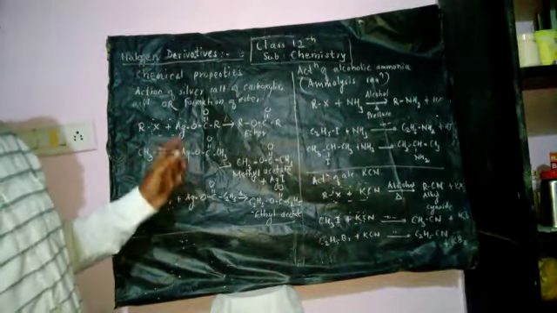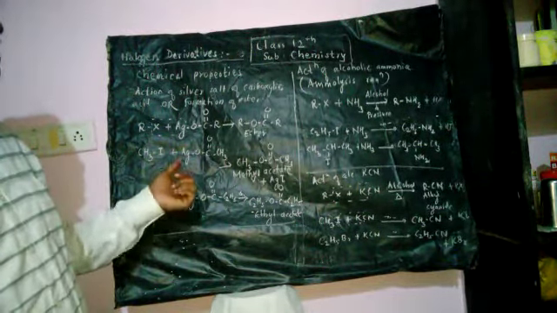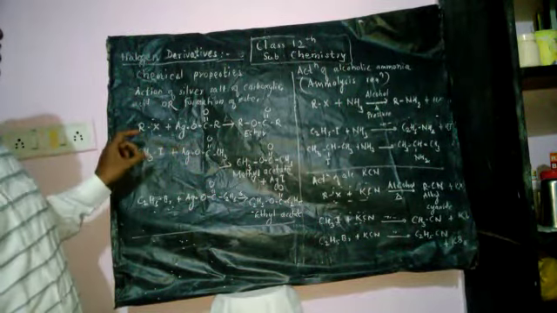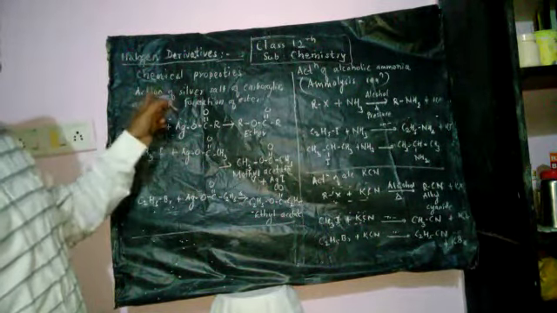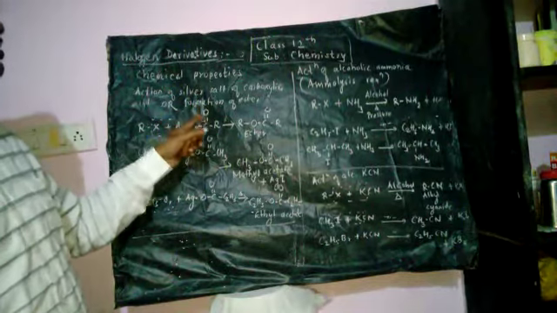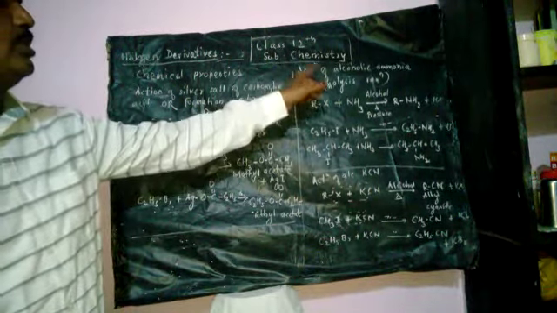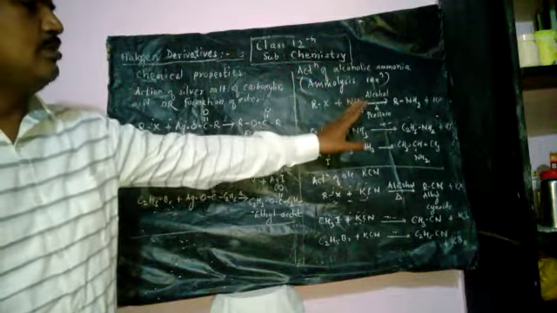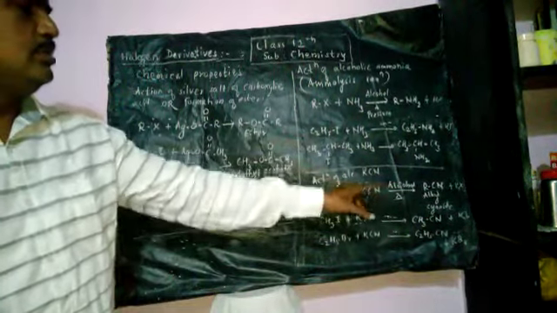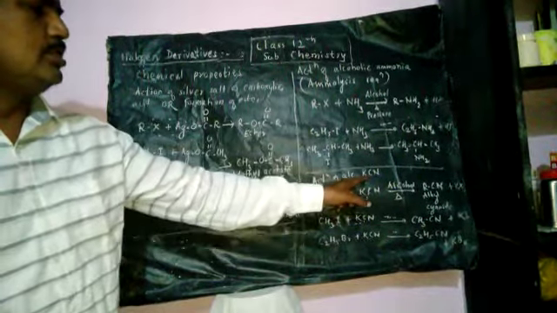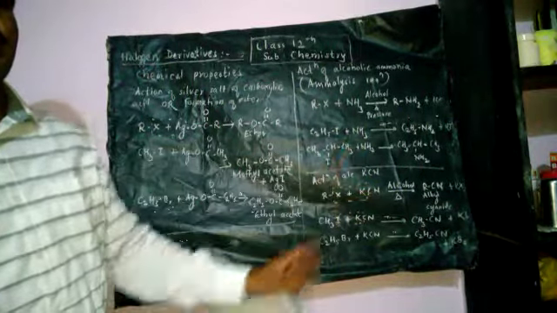In this way, we have taken three reactions. Action of silver salt of carboxylic acid, here ester is obtained. Then action of alcoholic ammonia, here amines are obtained. And action of alcoholic potassium cyanide, alkyl cyanides are obtained.